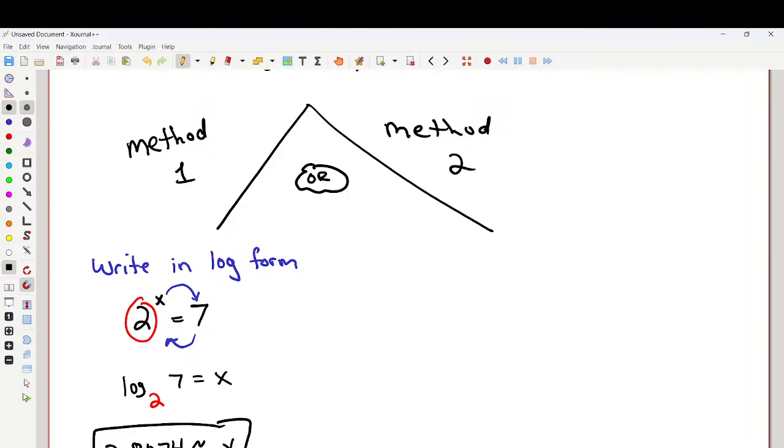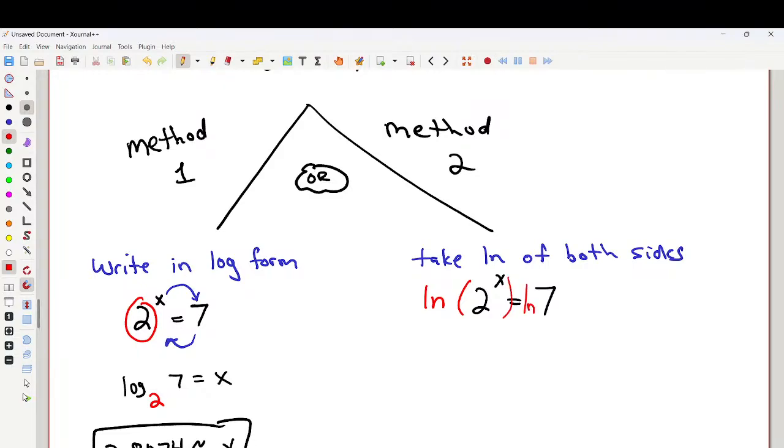But just to lay it out, the second method would be take the natural log of both sides. Or the common log, but I'm going to do what a lot of professors do, use less letters. So I'm going to say ln of this equals ln of that.